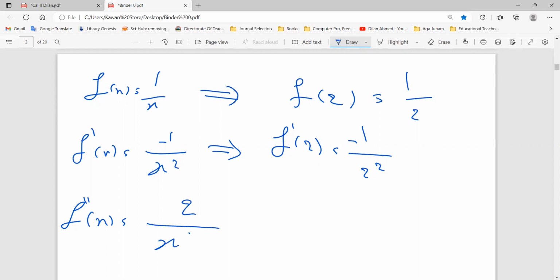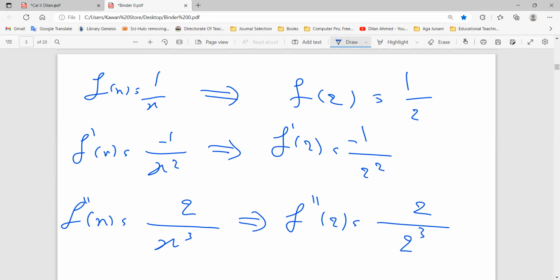How about the second derivative? 2 over x to the power 3. Am I right? No? Why? The derivative here will be minus 2, sorry, minus 2 x to the power minus 3. So it's good. So equal to what? f''(2) = 2/2³.